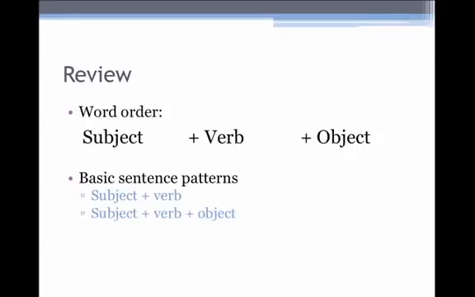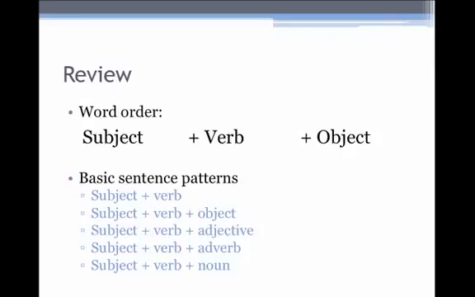Subject plus verb plus object. Subject plus verb plus adjective. Subject plus verb plus adverb. Subject plus verb plus noun. I hope that you understand sentence structure better now. We will continue to go over it as the course progresses.